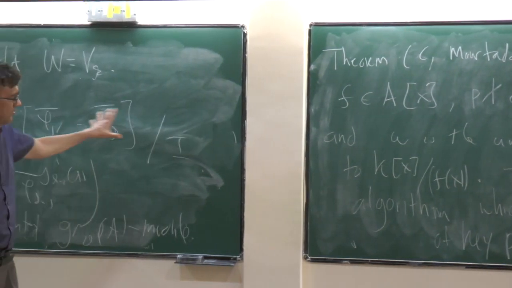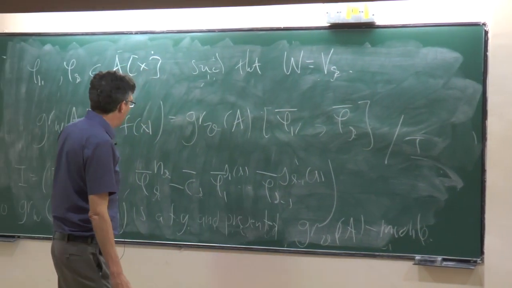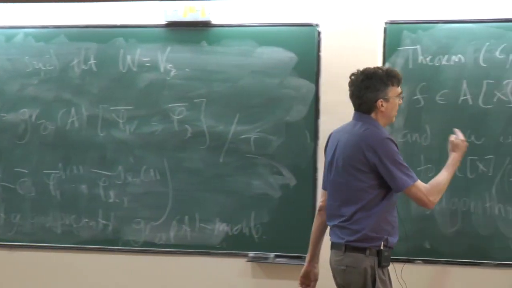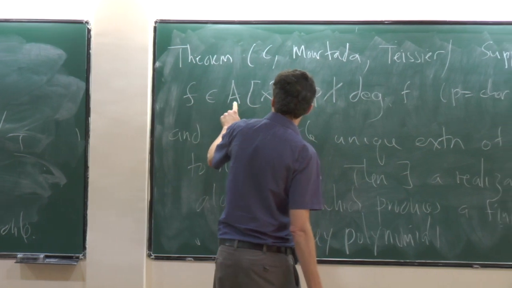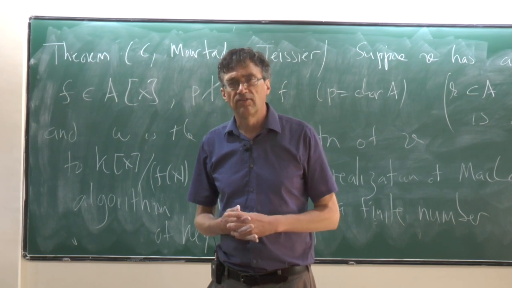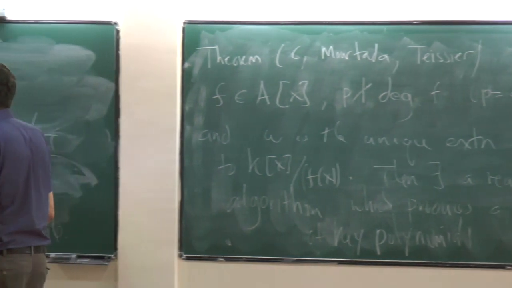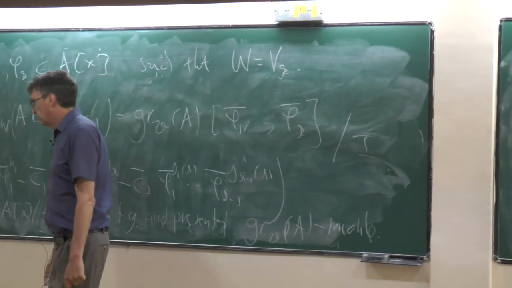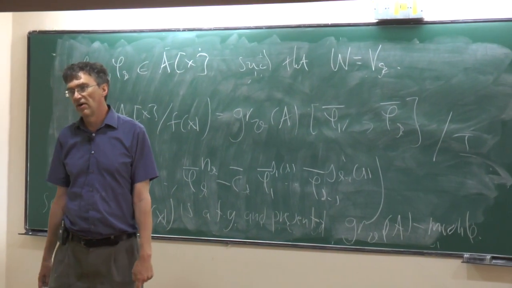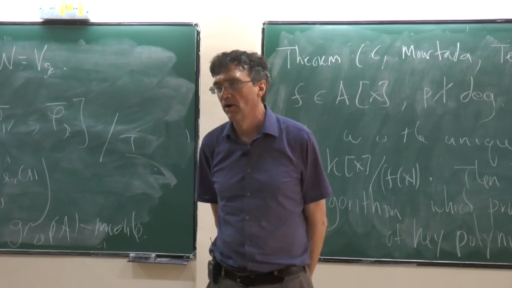So this works this way because there's no defect. And in fact, you can say that if you're in a general finite field extension, and you're looking at something like f in A[x], you can ask the question, when does there exist a birational extension A to A_1 where there's a realization of MacLane's algorithm which gives the valuation, and that happens if and only if there's no defect. Okay, so I'll stop here.